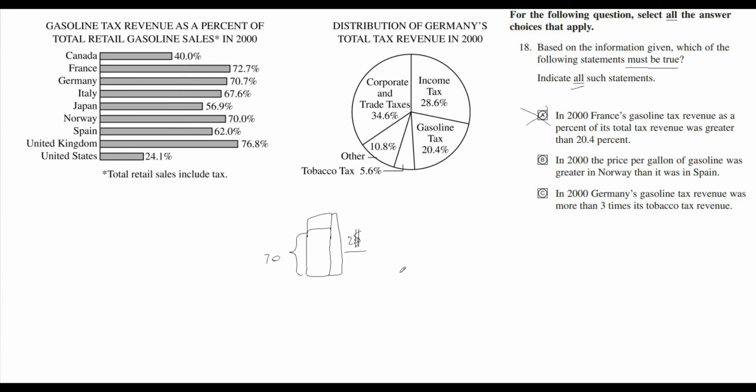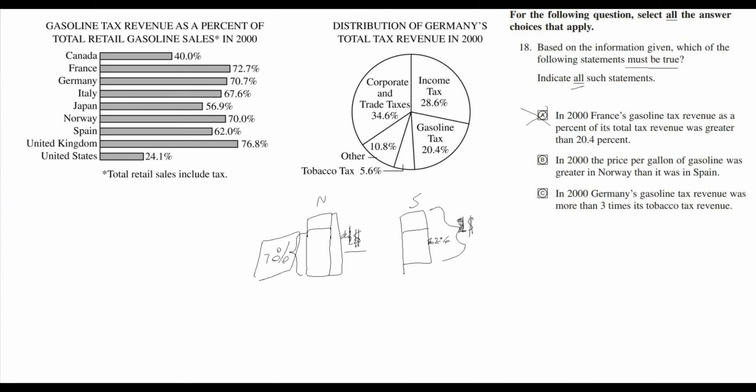And then for Spain, it could be something like 62%, but it could be 62% of something that in total costs $4. Right? So in this situation, the price per gallon is larger for Spain than for Norway, right? But it could also be the exact opposite way. It could be that this is $2 and this is $4. The percentages can still hold, right?